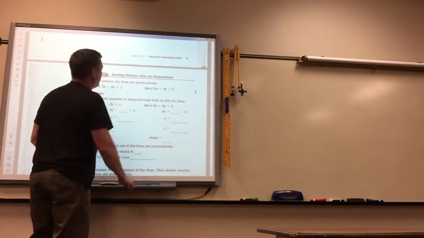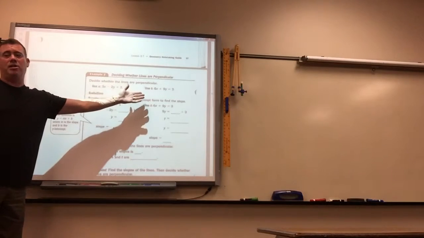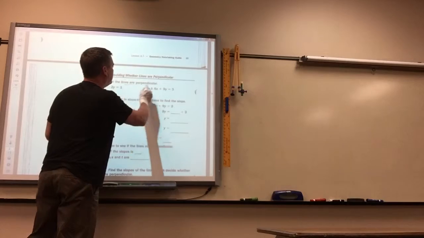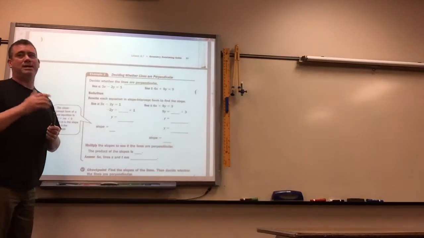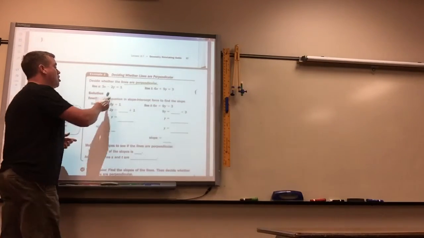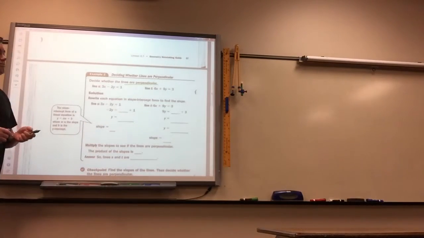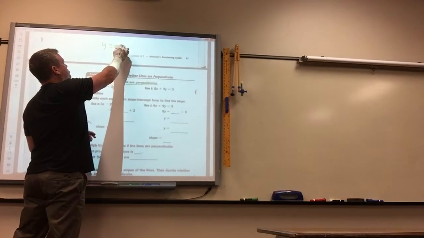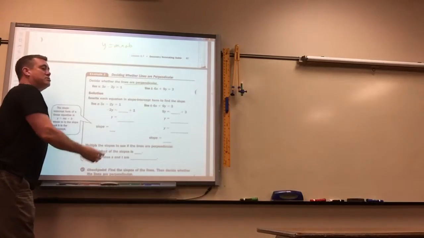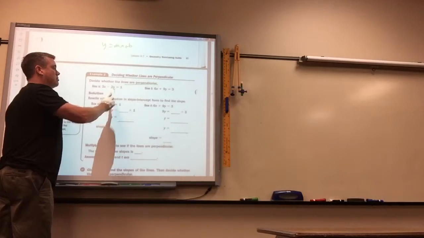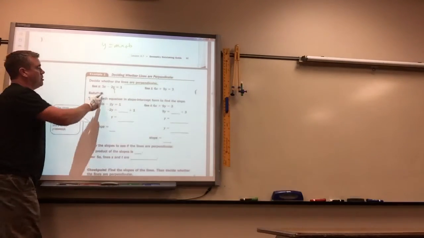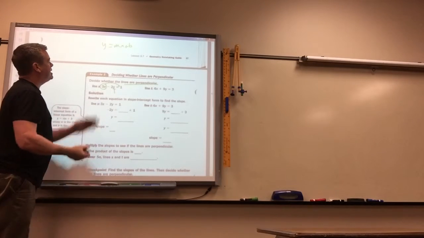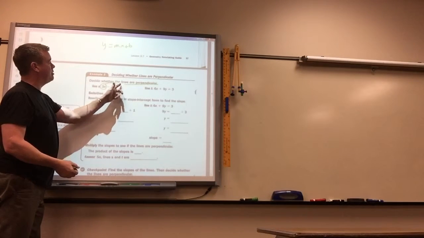So here they don't have the drawing of the lines, they just have the equations. So to figure out if the lines are perpendicular, you need to find the slopes. So this goes back to your algebra stuff. In order to find your slope, you want to put it in y equals mx plus b form, which means get the y by itself. So here, we've got to move the 3x over, right? And to keep it in this form, you'd want to put it in front of this number.